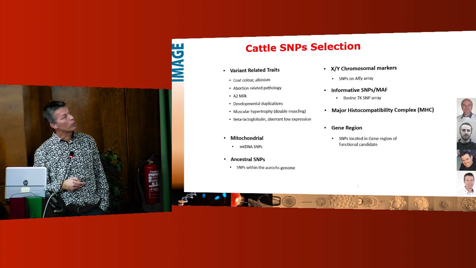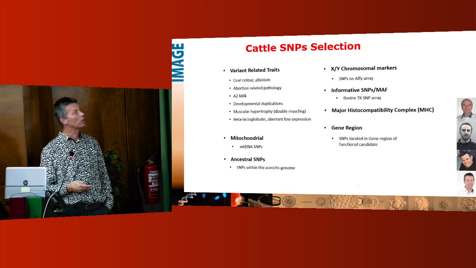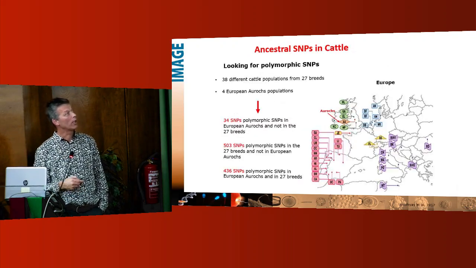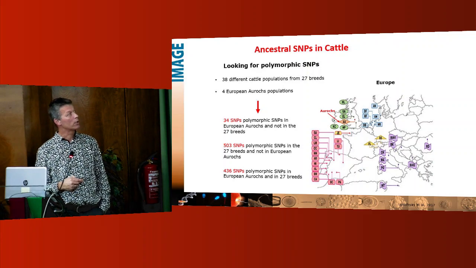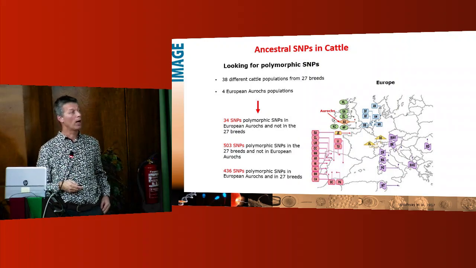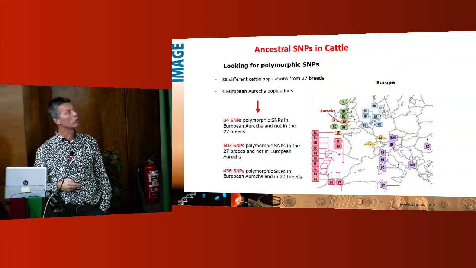We have the X and Y chromosome. We have the informative SNPs, where we have a lot of information on the minor allele frequency, the MHC complex, and gene regions for candidate genes. The ancestral SNPs I think are quite interesting, where we compared the European sequenced aurochs, and there are 4, with cattle breeds from Europe, and we selected SNPs which are either polymorphic or monomorphic in one or the other of the 2 groups.